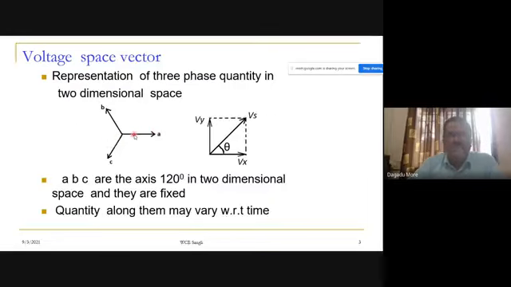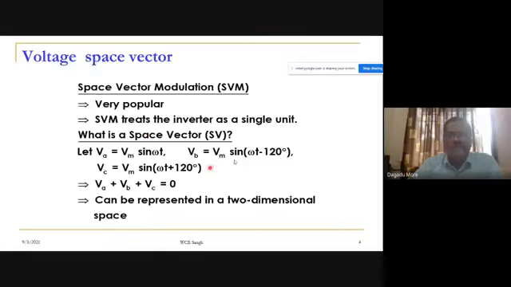Then along the B axis we have the second phase voltage, Vm sin(omega t minus 120 degrees), and the third, VC, is Vm sin(omega t plus 120 degrees). Here we consider three sinusoidal and balanced voltages.